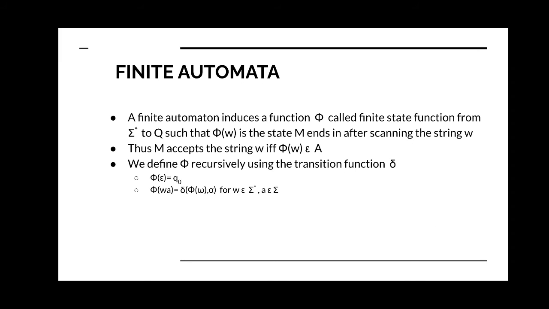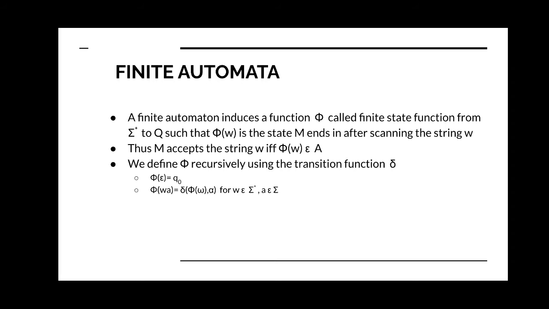A finite automaton induces a function phi, called the final state function, from sigma star, which is nothing but the set of all strings that can be produced, to Q, such that phi of w is the state the machine M ends in after scanning the complete string w.